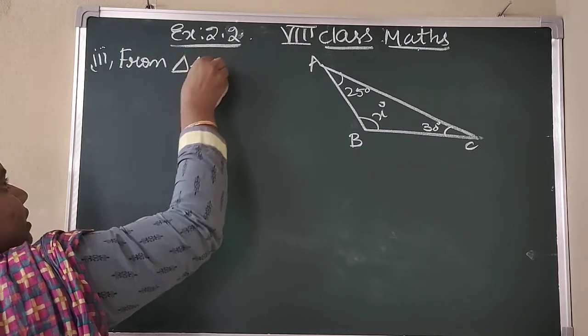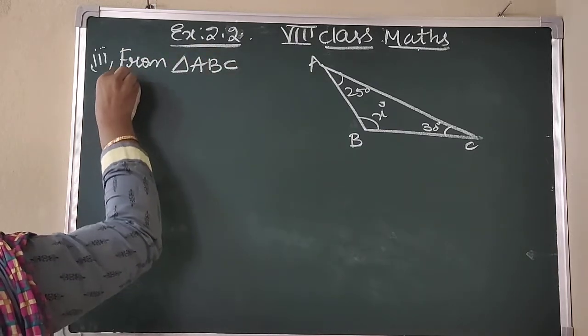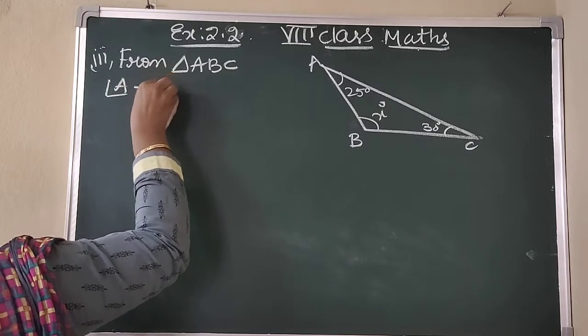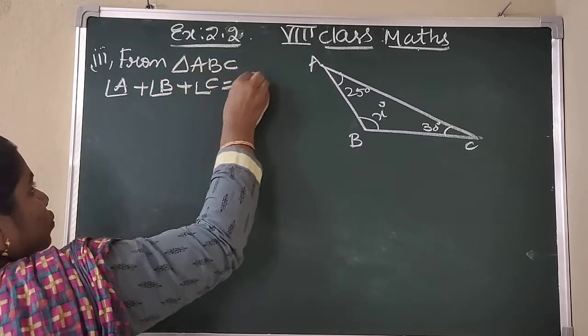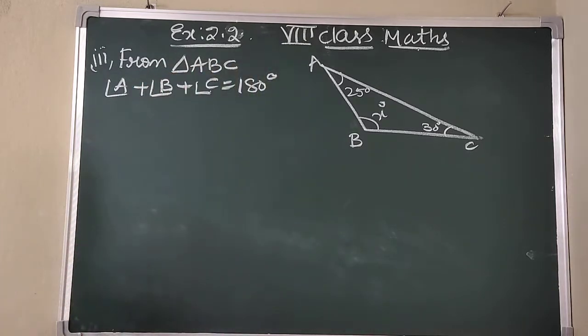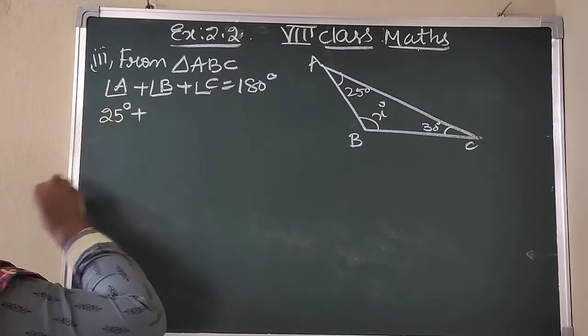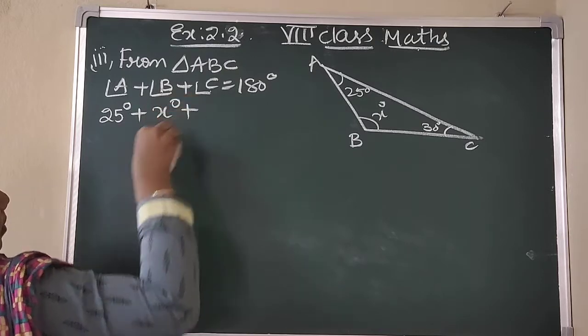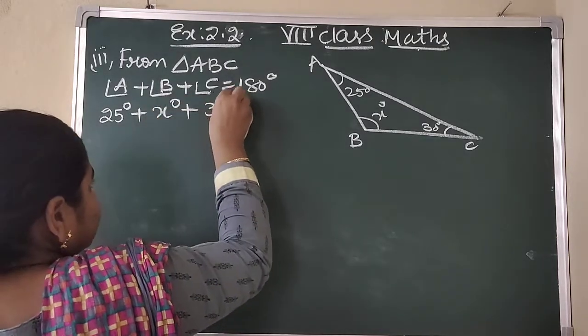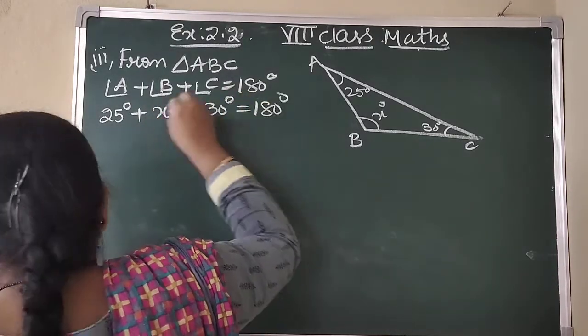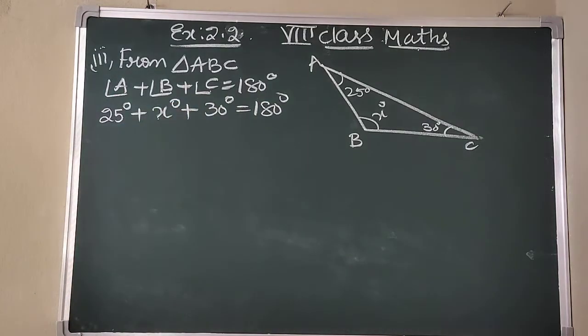From triangle ABC, we can write angle A plus angle B plus angle C is equal to 180 degrees. Angle A is 25 degrees plus angle B is x degrees plus angle C is 30 degrees is equal to 180. So we have to find this x. Add the two constant numbers, that is 25 plus 30.